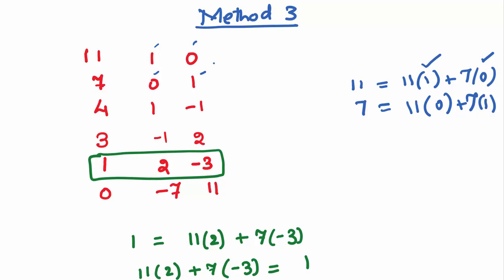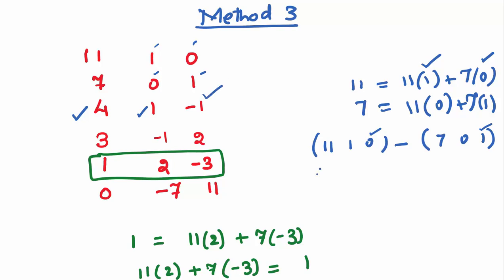Now, what we'll do is we will subtract the first two rows. So, what are we doing? 11, 1, 0. We will subtract 7, 0, 1 from this. So, you can see 11 minus 7 will give us 4, 1 minus 0 will give us 1, and 0 minus 1 will give us minus 1.